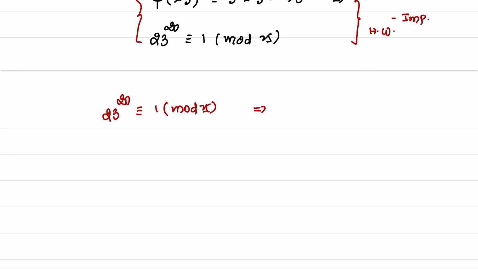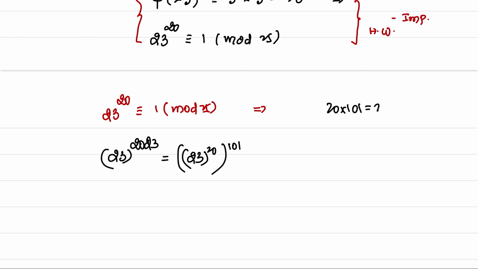That implies 23 to the power of 2023 is equal to 23 to the power of 20, to the power of 101, that is 2020, because 20 into 101 is equal to 2020. 2023 is equal to 20 into 101 plus 3, into 23 cubed.